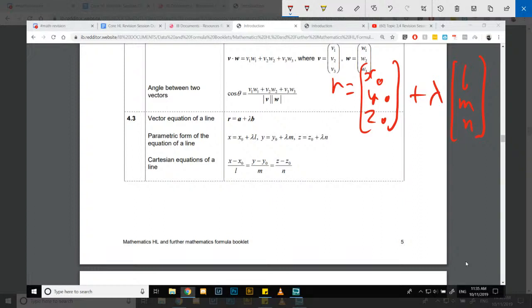So you need to make sure the direction vectors are the same. Now, if the direction vectors are the same, you know that they're parallel. They have to be going in the same direction. They'll never meet each other.